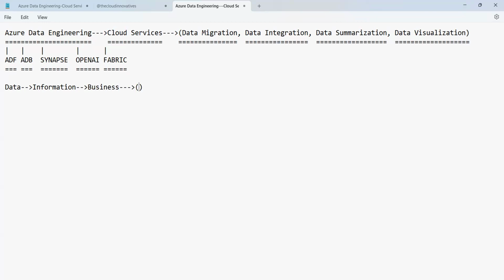What is the type of business we can have, guys? Let us say here, social networking sites. What are the social networking sites you have?